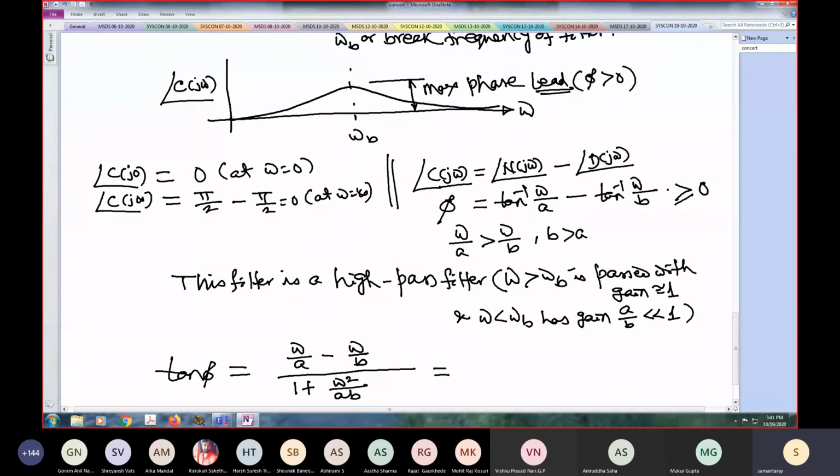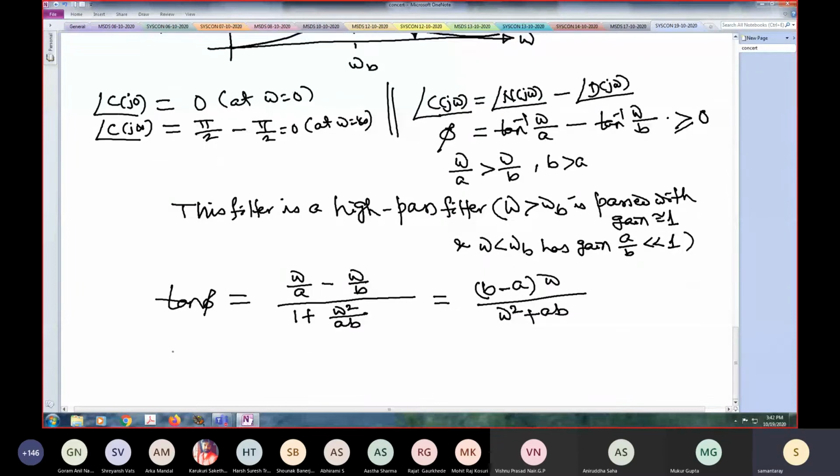So let's write it. So you have (A minus B) omega... B minus A omega by omega square plus AB. The AB denominator has gone. So we maximize this.